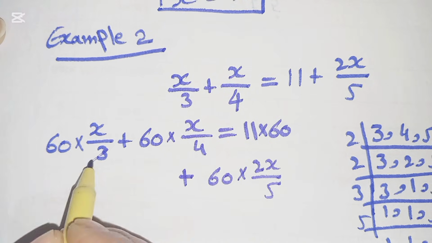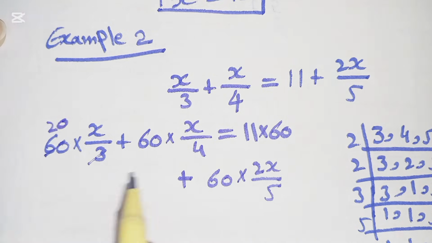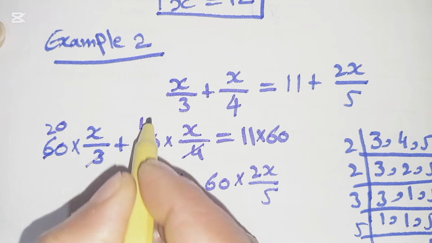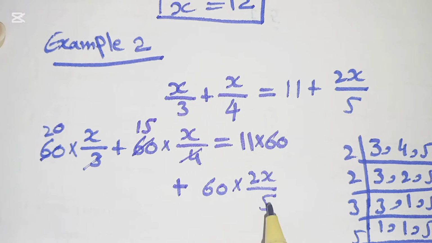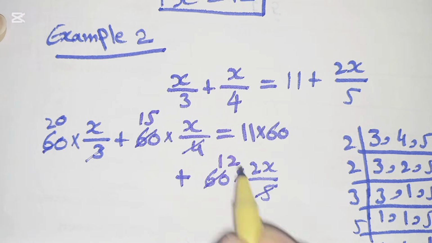And 60 divided by 3 is equal to 20, 60 divided by 4 is equal to 15, and 60 divided by 5 is equal to 12.